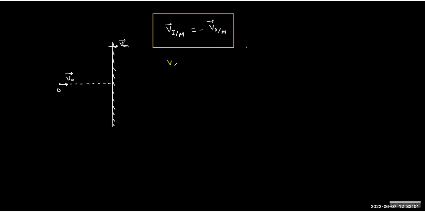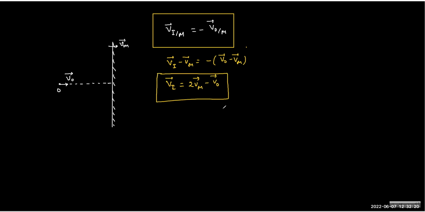In one dimension, it's easy: Vi minus V mirror is minus (VO minus V mirror). So what you get is Vi equals 2Vm minus VO. Is this clear?